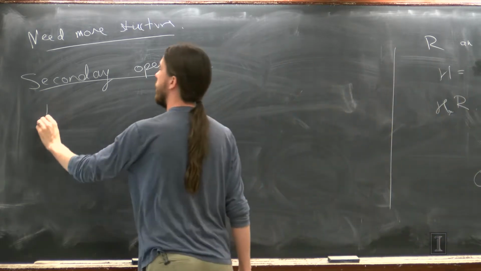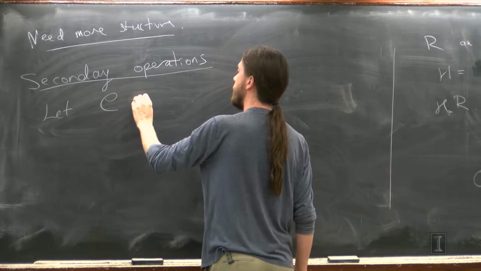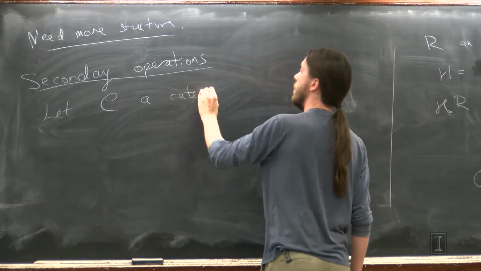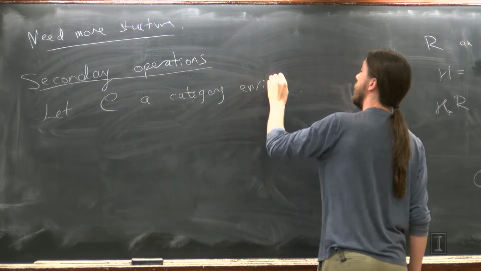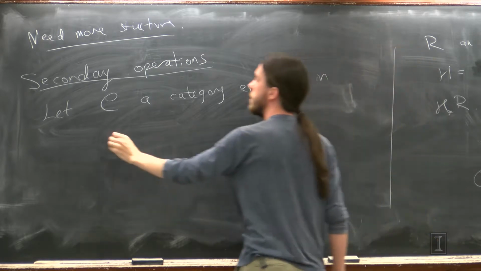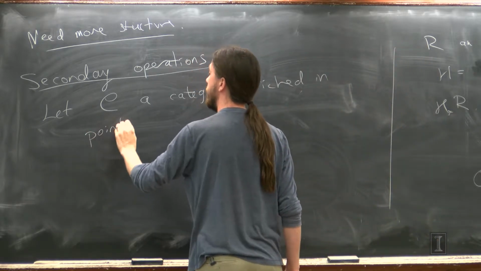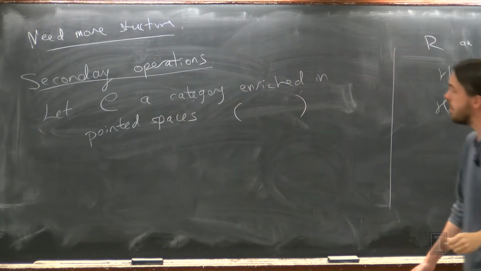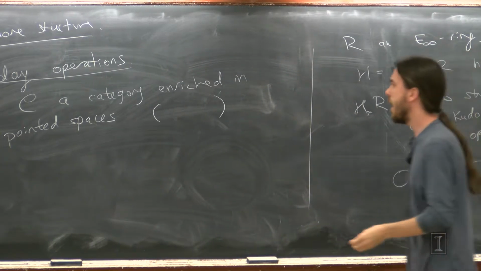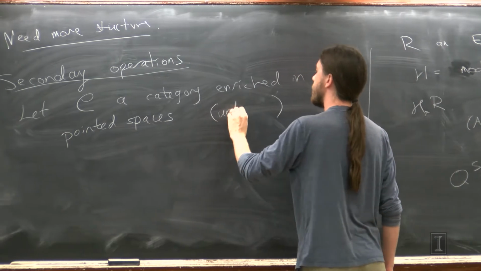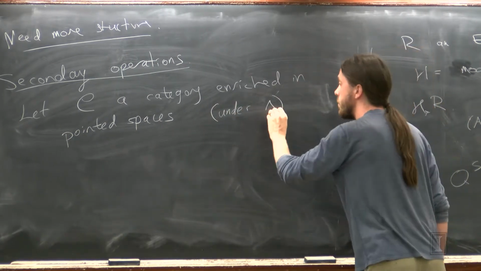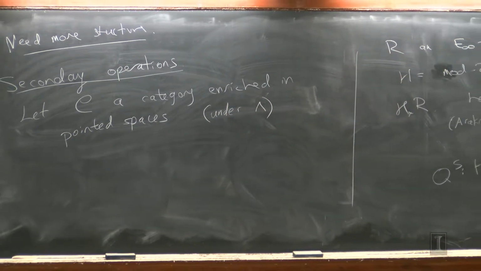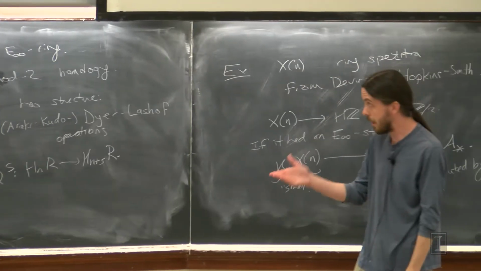So what I'm going to do is I'm going to let C be a category enriched in pointed spaces. Now, when I say it that way, it's a little ambiguous what I mean by pointed spaces. And it's ambiguous because I haven't specified the monoidal structure. I mean the category enriched in pointed spaces under the smash product.